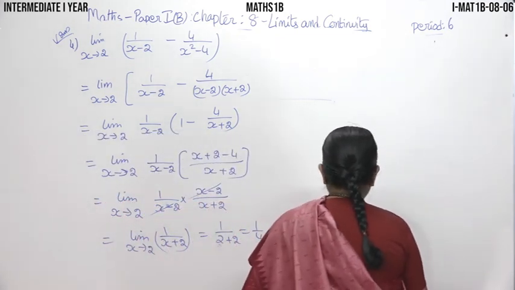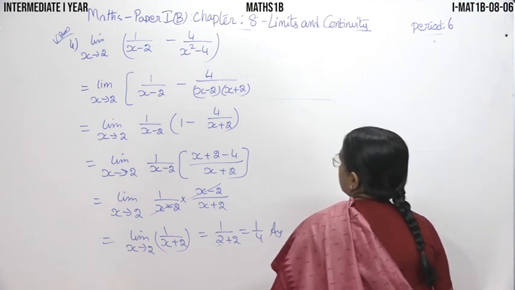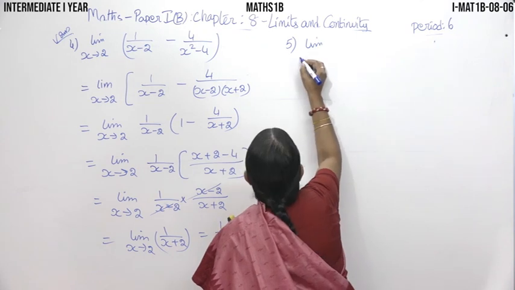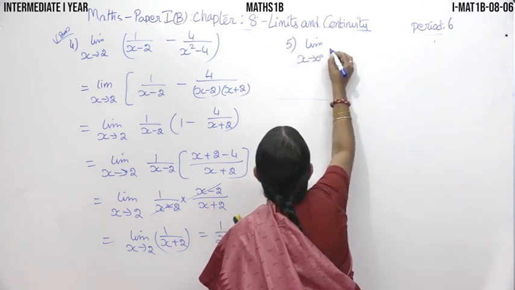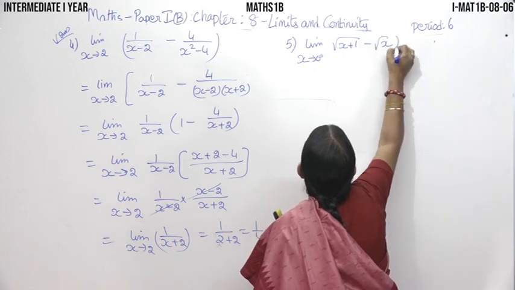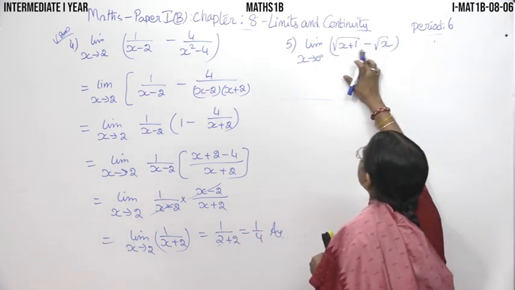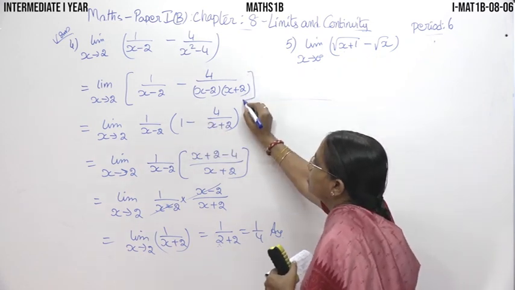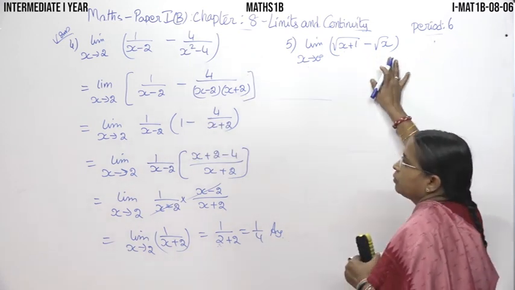Okay, next problem is again very, very important. This fifth problem is very, very important. Limit x tending to infinity of root of x plus 1 minus root x. So it is again infinity minus infinity form, so indeterminate form.